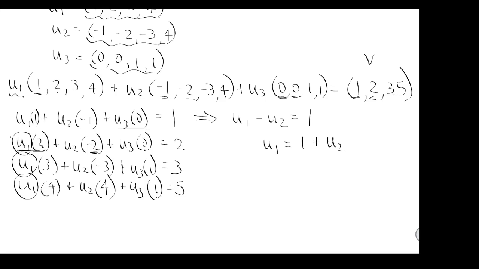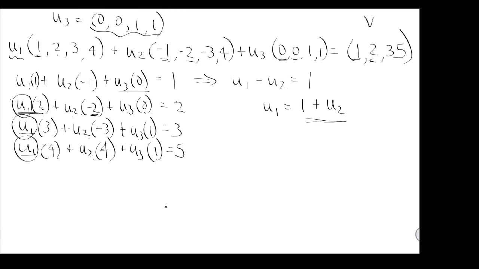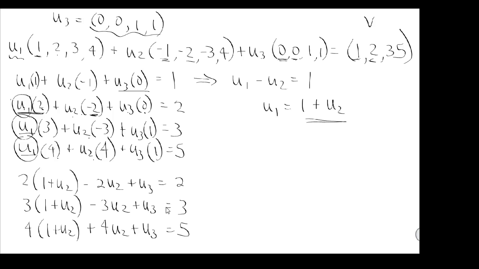I'm replacing the u1s with u2s so that I'll be left with 3 equations involving u2 and u3. So that would give me the following. See where I have replaced each u1 with 1 plus u2.